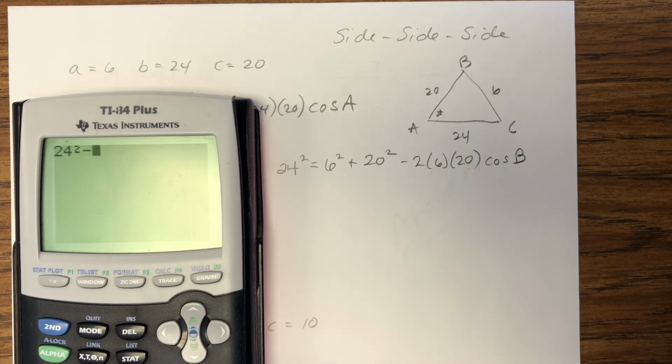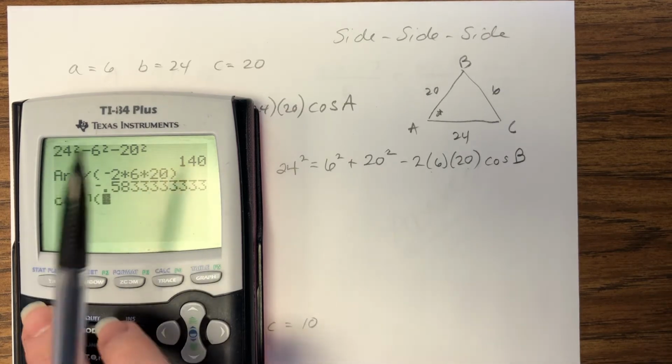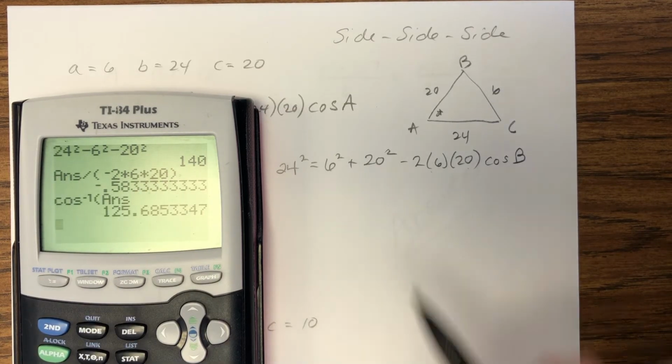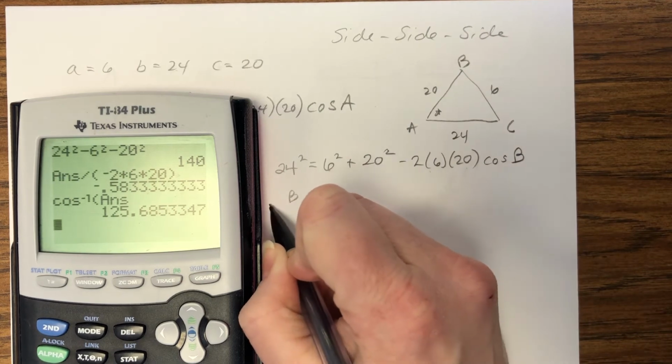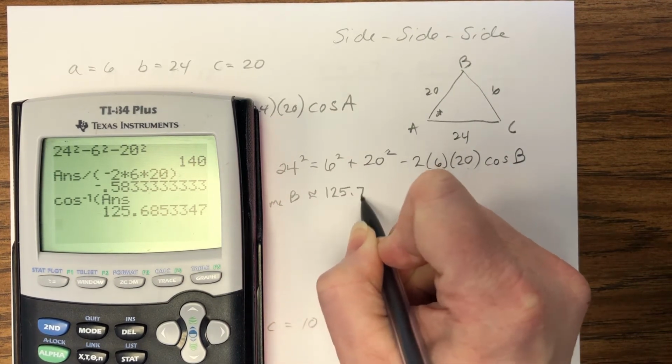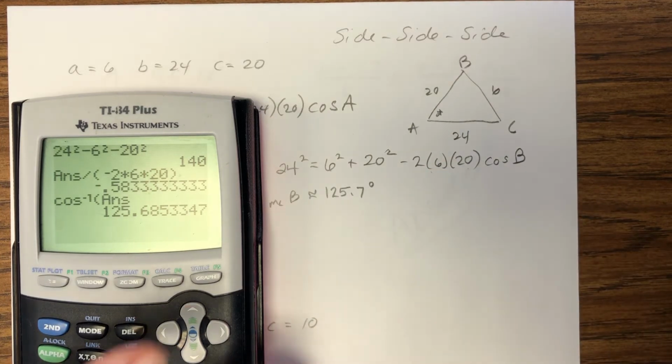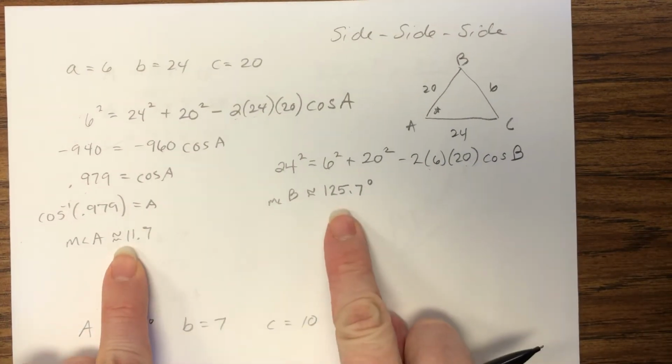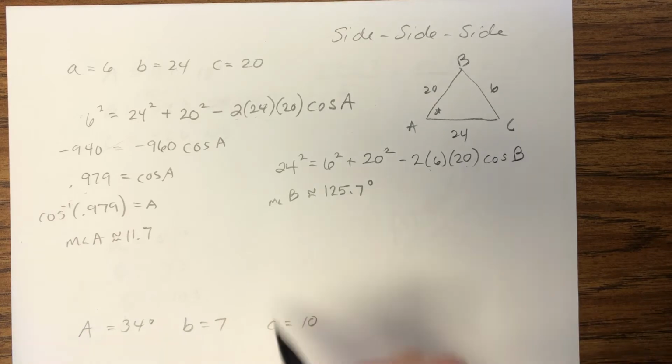So 24 squared minus 6 squared minus 20 squared divided by a negative 2 times 6 times 20, and then the inverse cosine of my answer. And so angle B is approximately 125.7 degrees.